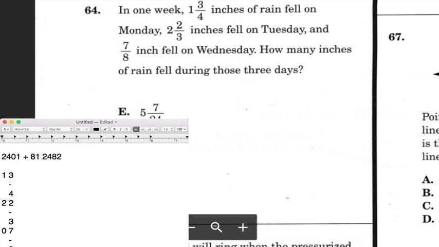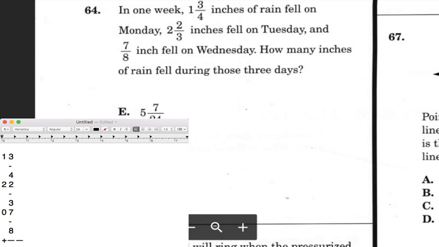And we're going to add those all up. So we need to get a common denominator. So this doesn't read too well, so I'm going to just basically do this like 1 3/4 plus 2 2/3 plus 7/8.